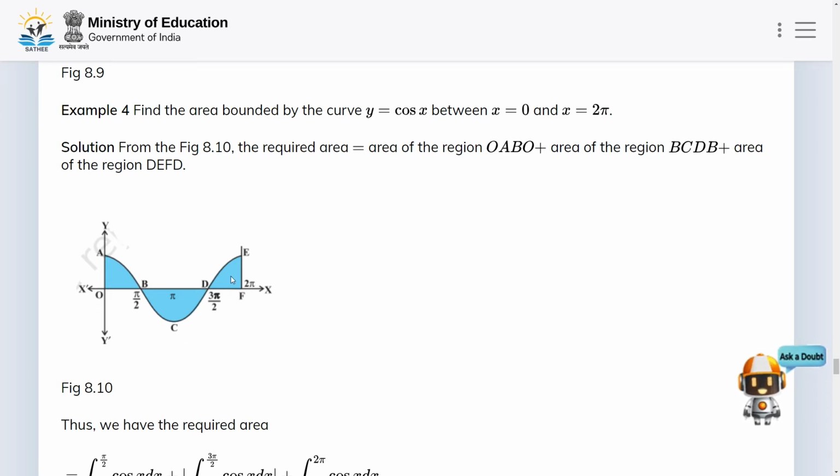DEFD, no need to apply modulus. Now the limits: for OABO, the limits will be 0 to pi by 2. For BCDB, the limits will be pi by 2 to 3 pi by 2, and for DEFD, the limits will be 3 pi by 2 to 2 pi.